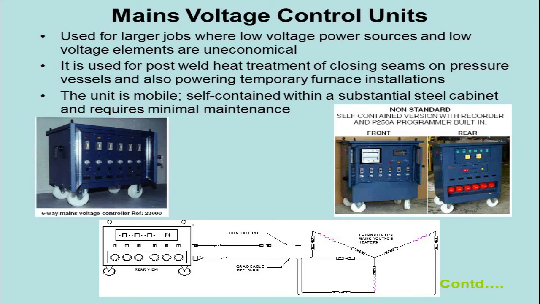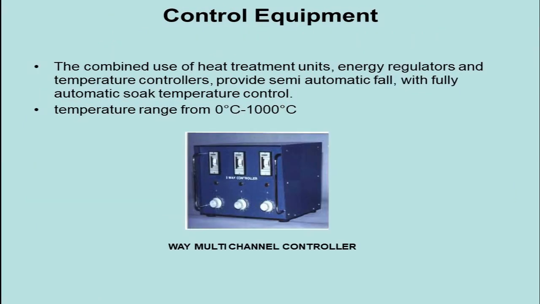Mains voltage control units. Used for larger jobs where low voltage power sources and low voltage elements are uneconomical. It is used for the post-weld heat treatment of closing seams on pressure vessels and also powering temporary furnace installations. The unit is mobile, self-contained within a substantial steel cabinet and requires minimal maintenance.